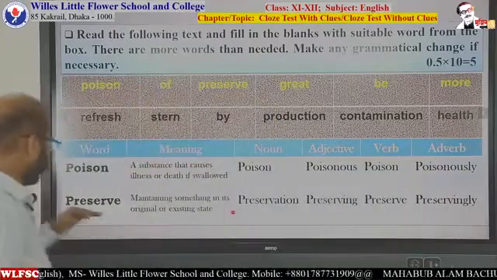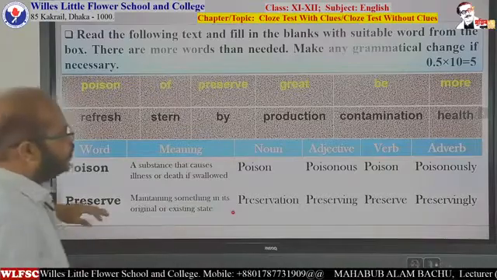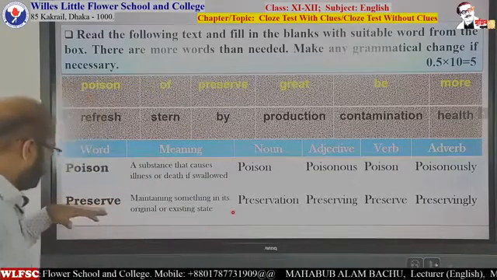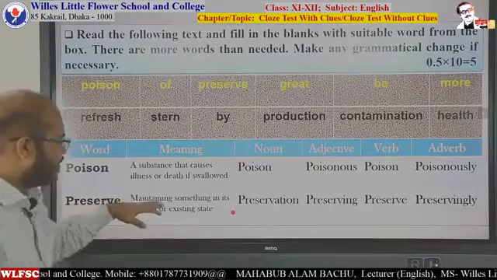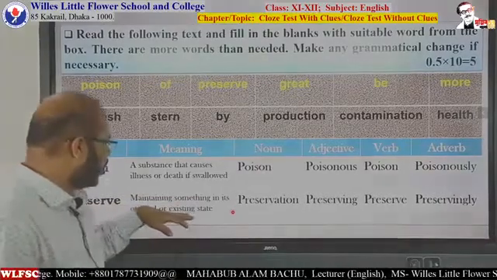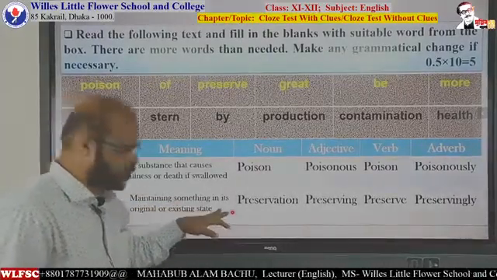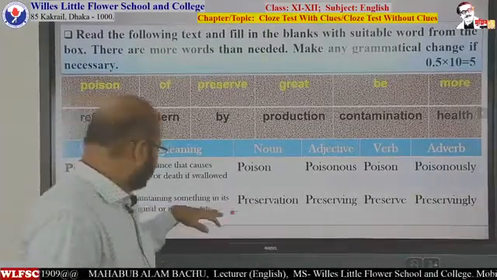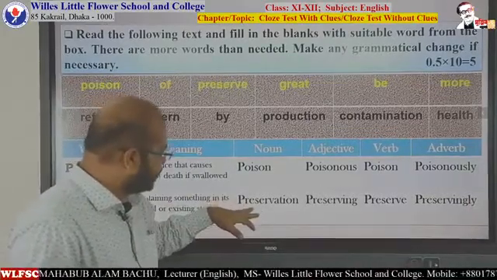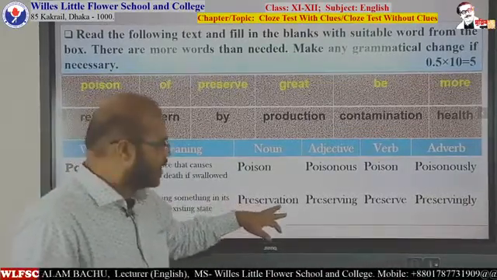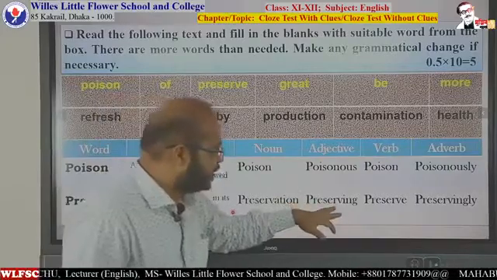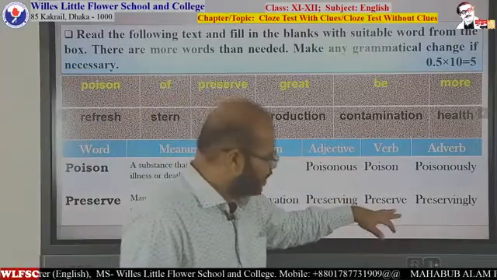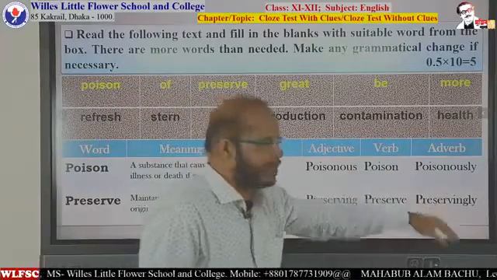Now go to the next one, preserve. Preserve means maintaining something in its original or existing state. The noun form of preserve is preservation, adjective preserving, verb again preserve, and adverb preservingly.